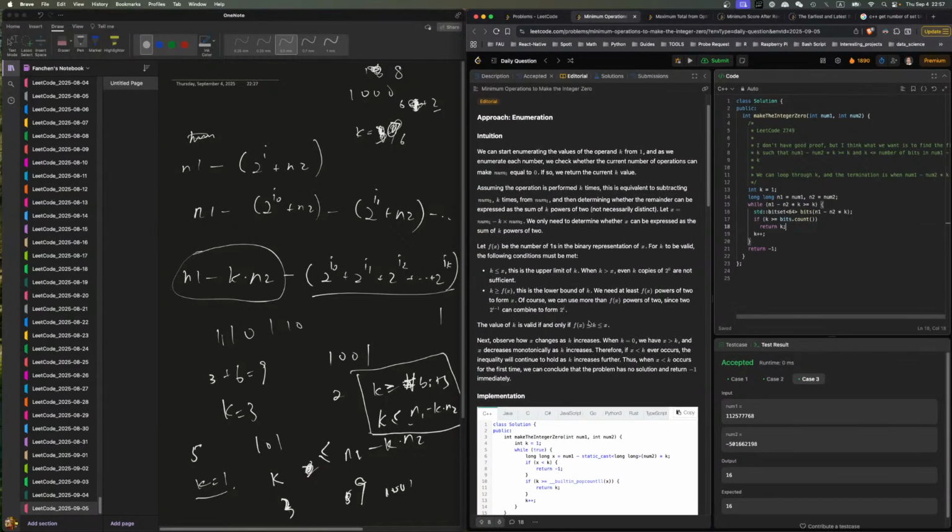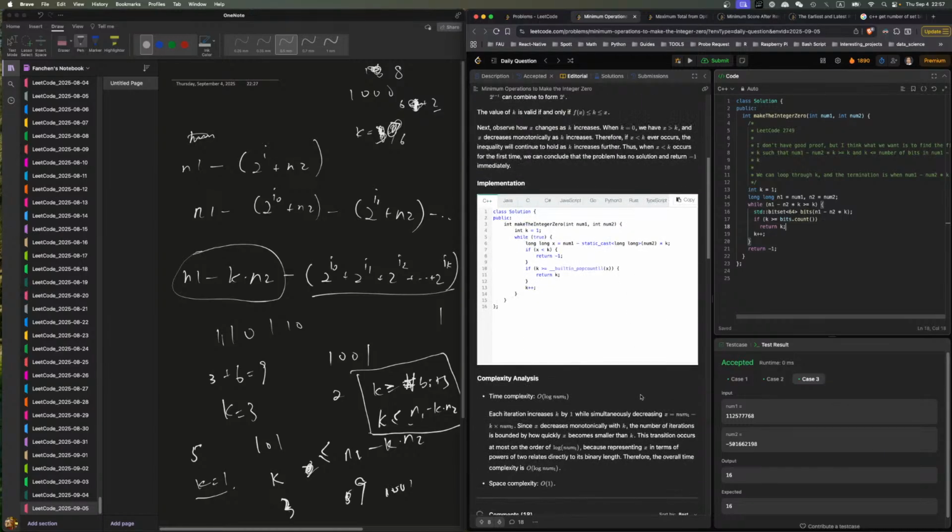It just said when k is within this range, then it can definitely be. Oh, okay. Yeah, it just says if you can use more. Okay, yeah, that's fine.